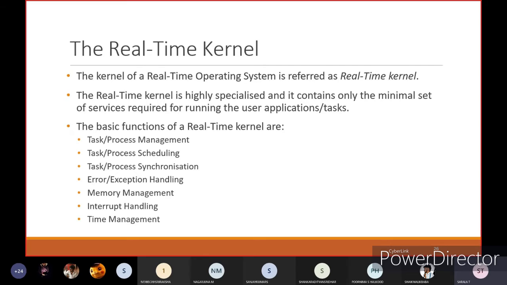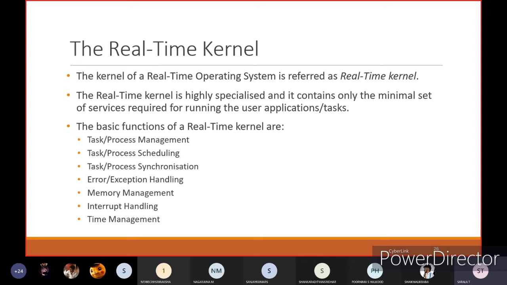Error or exception handling: if any error occurs in between the execution of a real-time operating system, it should not wait for the verification of that error or wait to resolve that error. You always have to come out of that error, go back and execute again.